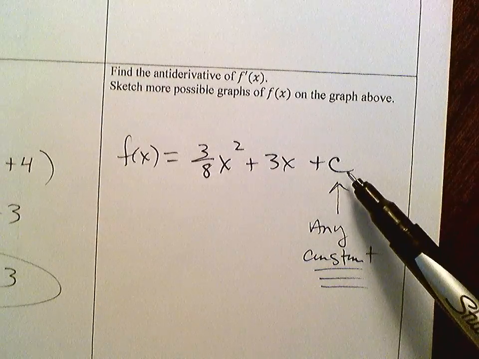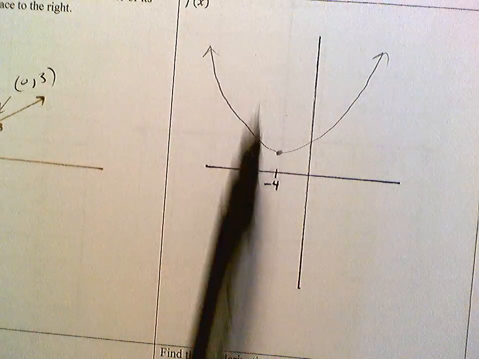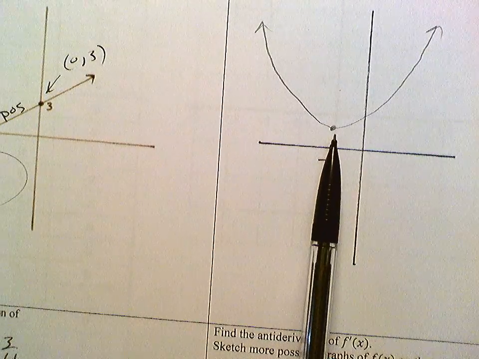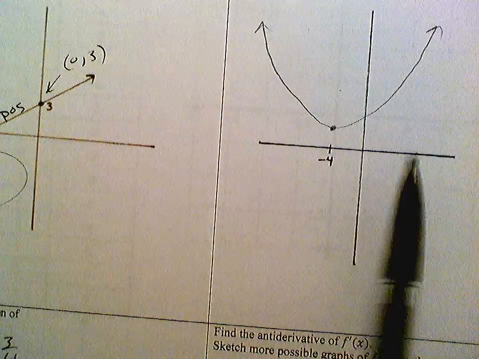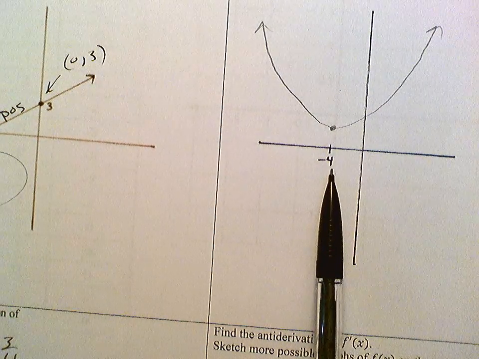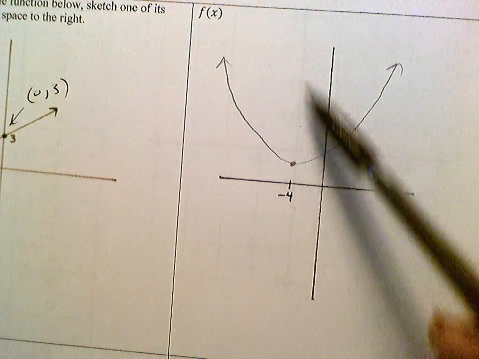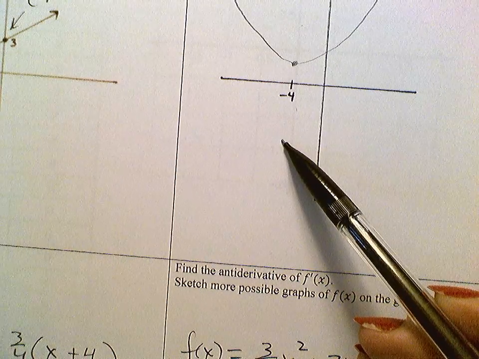And depending on what c is, this graph would move up or down, all right? So we know, guys, that all of the turning points, all of the relative maximums or relative minimums of our antiderivative are all going to have an x-coordinate of -4. But depending on what c is, like c could be 100, and then this relative min would move way up there. Or it could be like -10, and then it would move way down there.